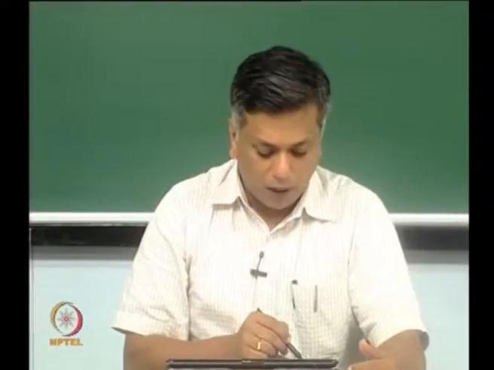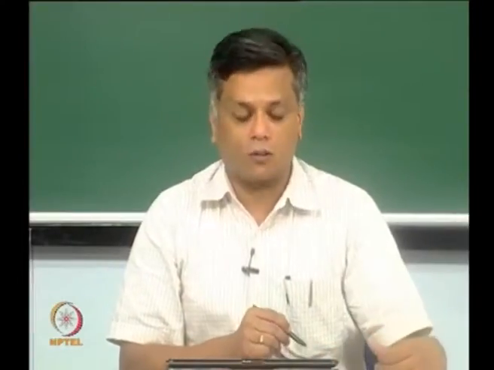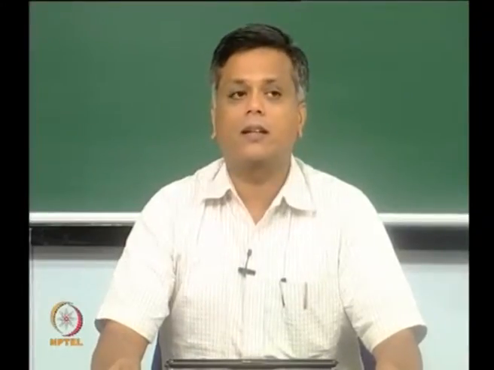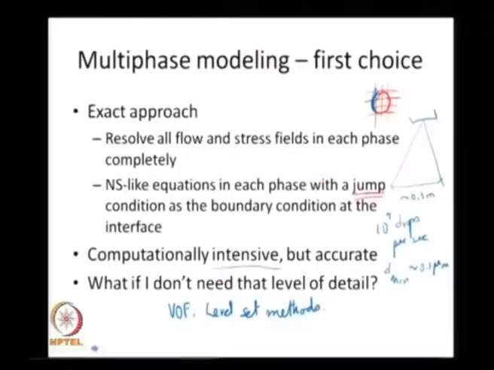We start with the most exact model, where we talk of resolving all the flow and stress fields in every phase, writing a set of jump conditions to go from one phase to another. This is the highest level of detail we can get in a continuum model, where the water and air are both continua.